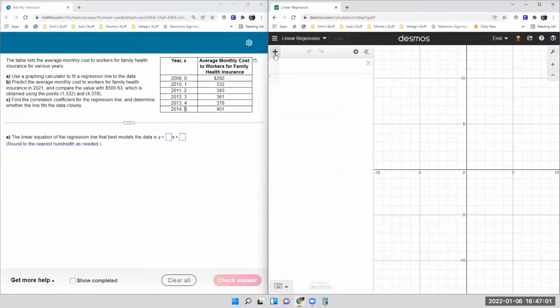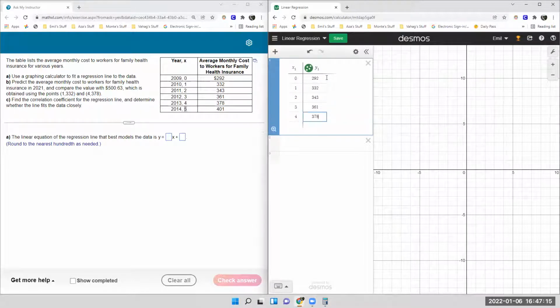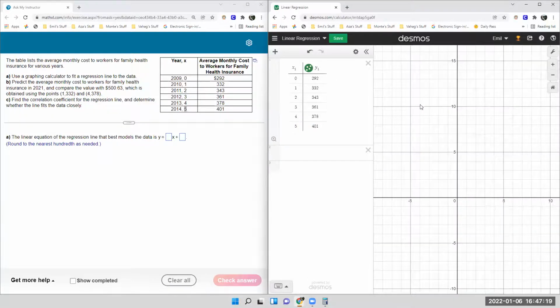So what we want to do, first of all, is plot the table of values that we're given. So I'm just going to enter them in. The plot should appear on the right now.